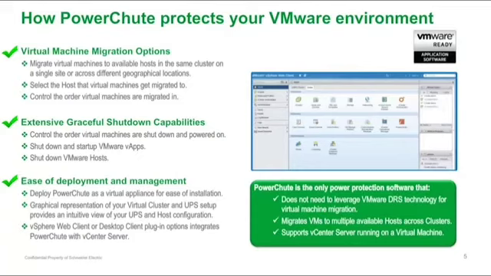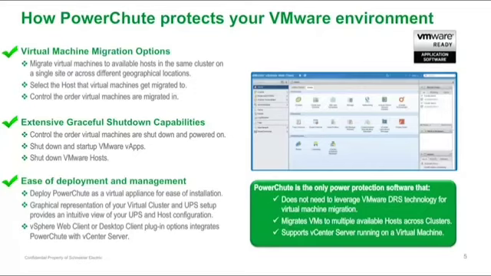Ease of deployment and management. To simplify the installation and deployment, PowerChute can be deployed as a VMware virtual appliance, which can be downloaded from the APC website. Our focus on usability means features such as the graphical representation of your virtual cluster environment and UPS setup has made configuration as seamless as possible by providing an intuitive view of your UPS and host configuration on a single screen.